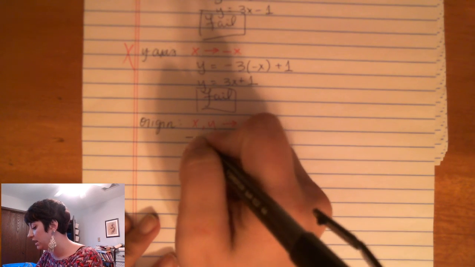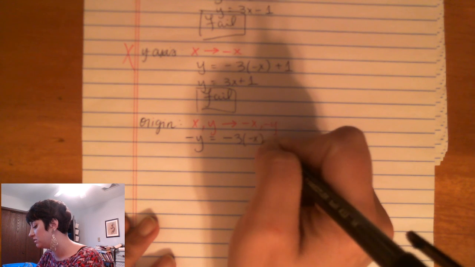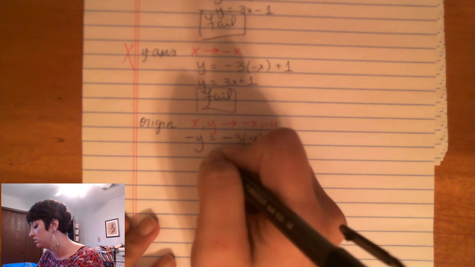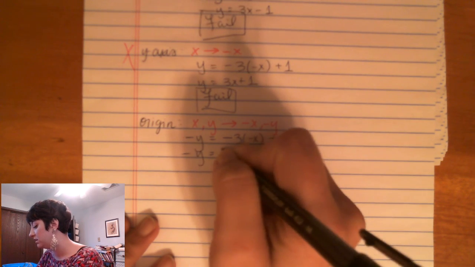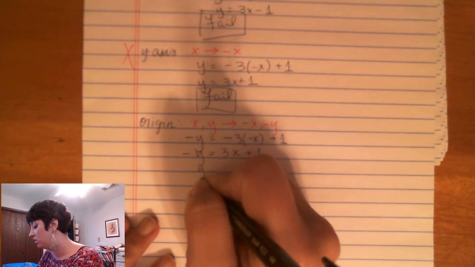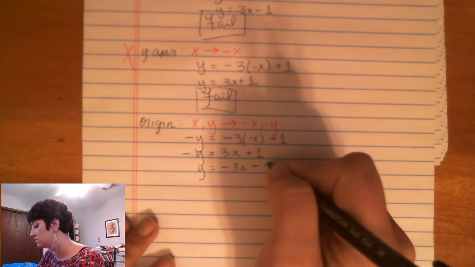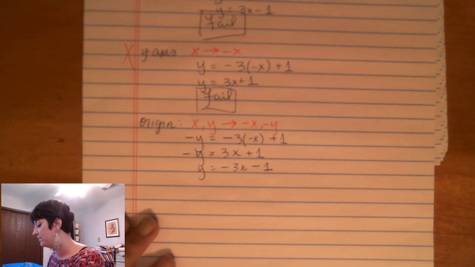All right, so negative y is -3 times negative x plus 1. So you get negative y is 3x plus 1, or y is -3x minus 1. So no origin symmetry.